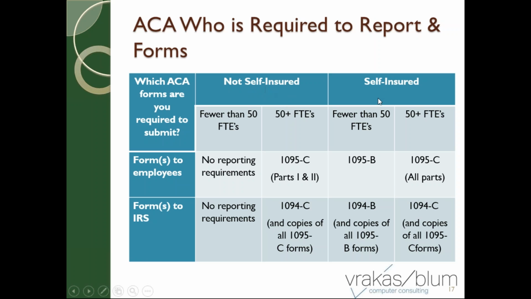If you are not self-insured versus if you're self-insured, depends on what form you would need to process as well as how many employees. There's situations that impact this, such as hours worked, participation in a controlled or aggregate group, seasonal workers, transitions for new employers. Make sure you review the IRS requirements carefully.